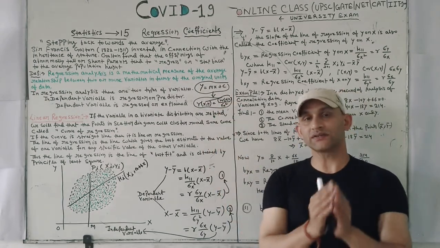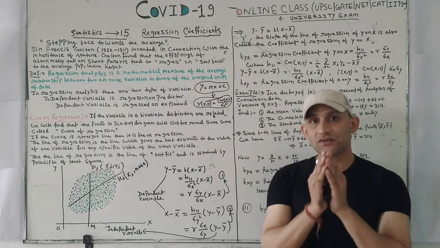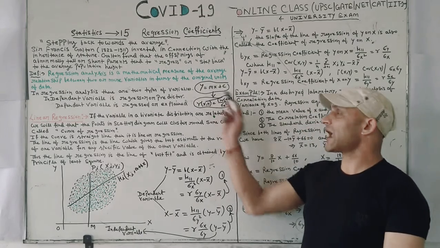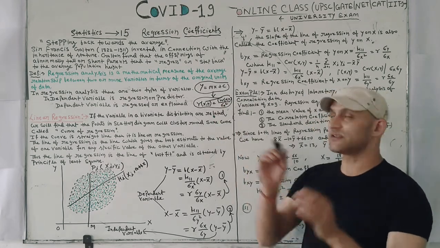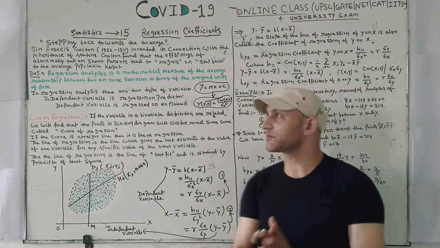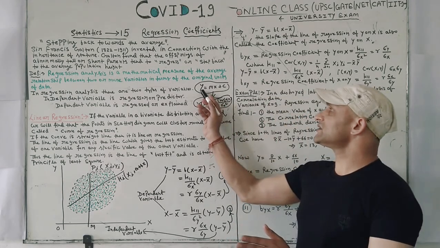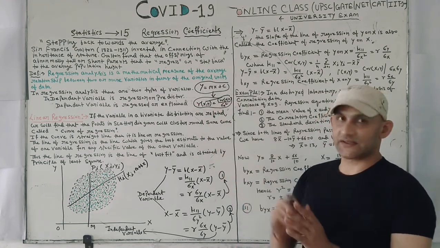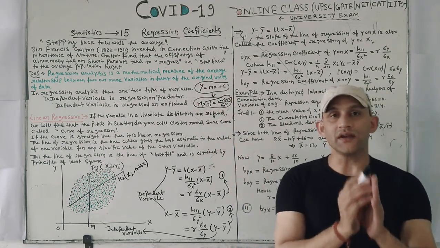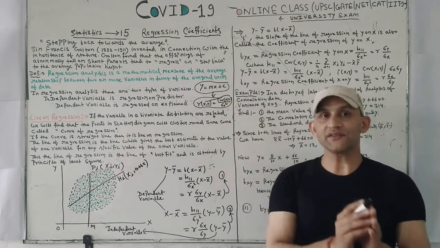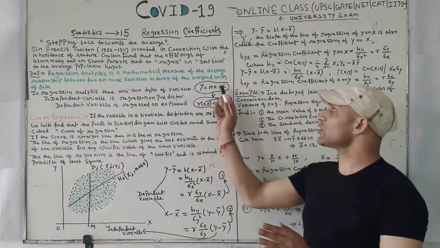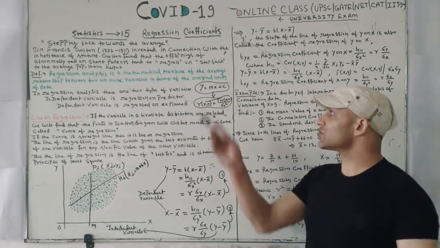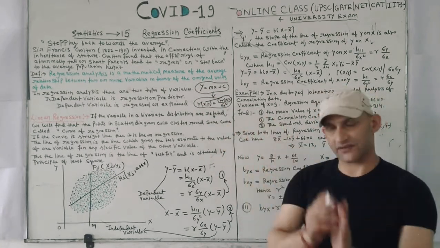And this m, we will explain in the next lecture, because this m is also telling us something. This is y and this is x. This x is the independent variable and this y is the dependent variable. Whatever value you put for x, y will change accordingly. So y depends on x.